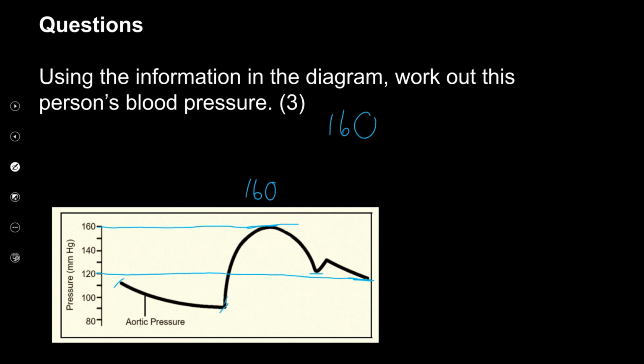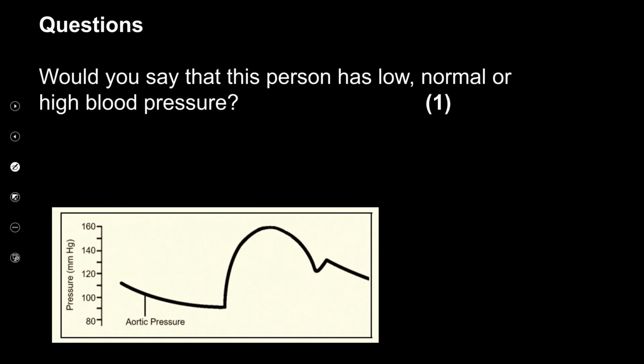So this guy's blood pressure is 160/120. Now, if I was to ask you the next question, do you think it is normal, low, or high? If the normal is 120/80, and this guy is 160/120, he definitely has high blood pressure.